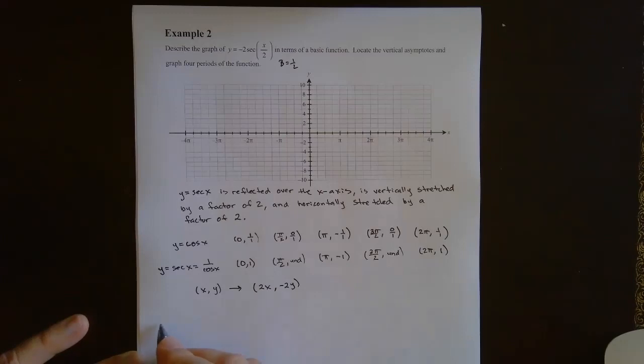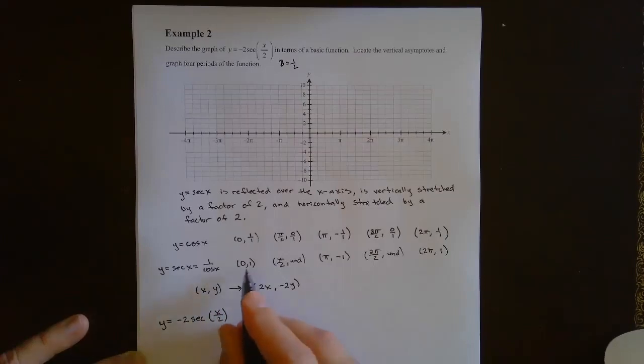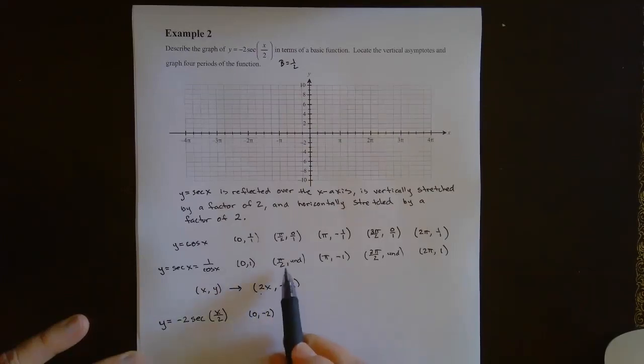Our 5 points for y equals -2 secant of x over 2 are going to be: we double our x, so that's 0, and we multiply our y by -2, so -2 times 1 is -2. We double our pi over 2, so that's pi.